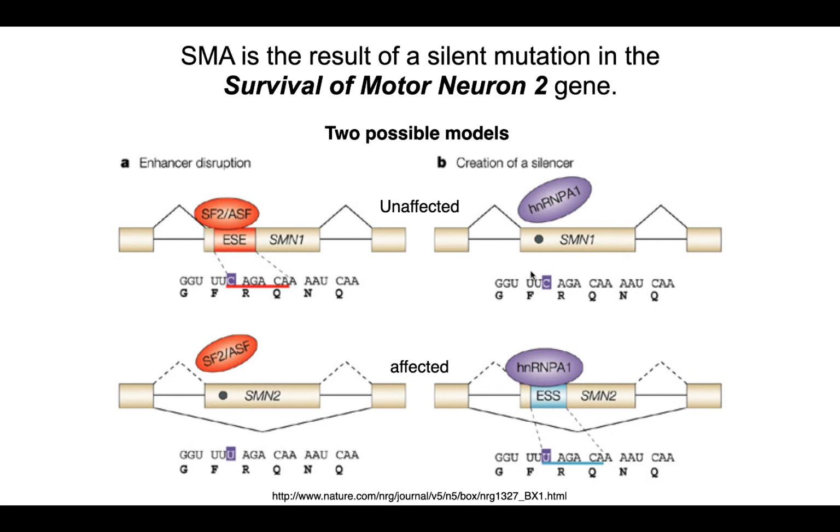Either one of these two models causes these splice sites to be ignored such that this entire exon is spliced out, regardless of which model we're looking at. So this is an example of a silent mutation causing a splicing defect, where an entire exon is now missing from the messenger RNA and therefore that portion of the protein.